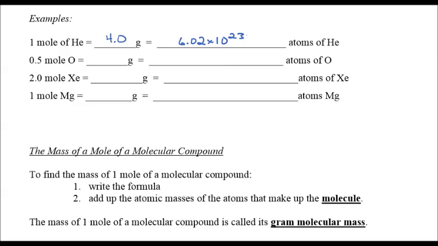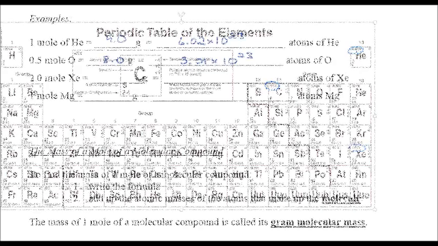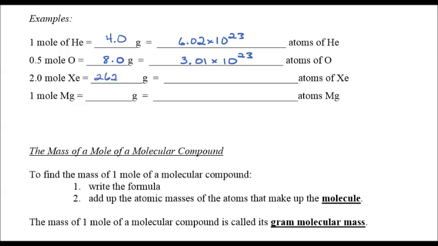A half a mole of O weighs 16, so half a mole of O will weigh 8 grams, and it will have half the number of atoms, 3.01 times 10 to the 23. 2 moles of xenon will have twice the periodic table mass, so it will weigh 262.6 grams, and it will have 12.04 times 10 to the 23rd atoms of xenon.